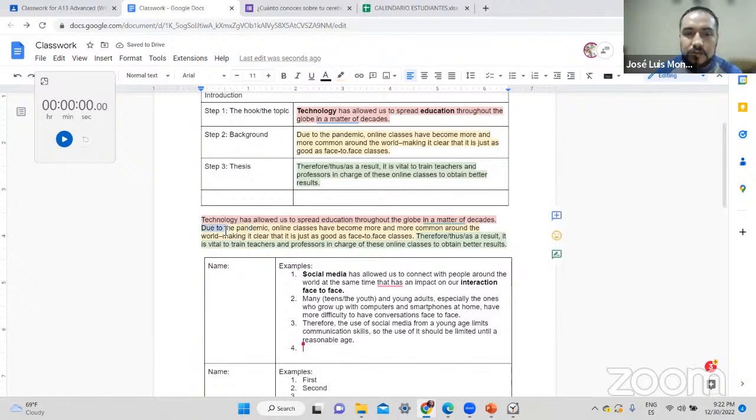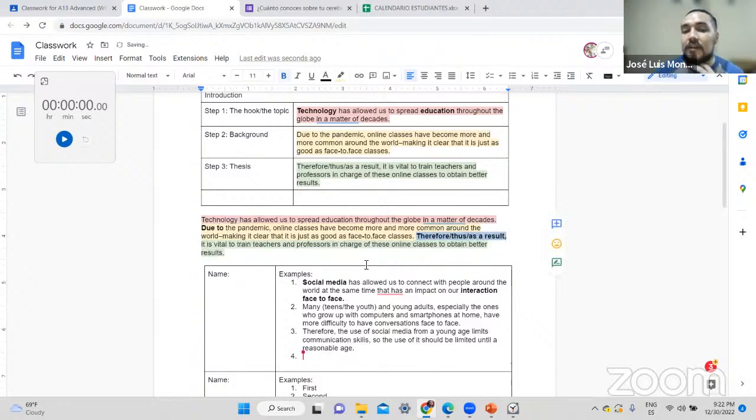I'm going to mark due to, that's one of the connectors that I'm using. And therefore, that's another connector that I'm using. Something like this needs to be your essay. And your introduction should have a minimum of 3 colors, and everything has to be together, because that's only one paragraph, which is the introduction.